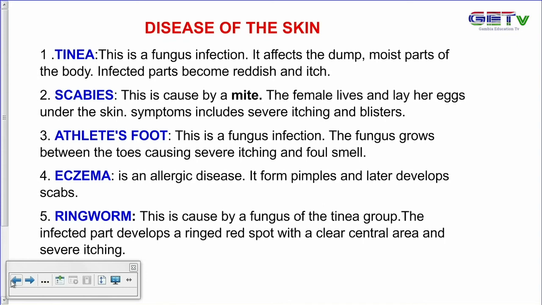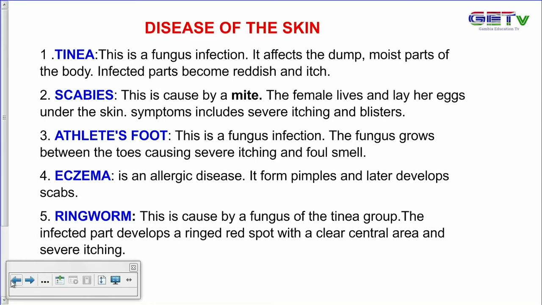When you are allergic to these things and you still interact with them, you still have eczema. It forms pimples and later develops scabs. So we have to be very careful when dealing with these skin diseases.